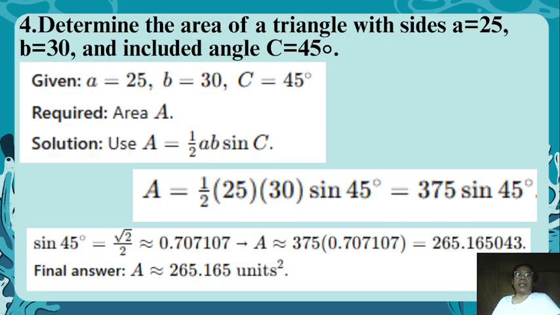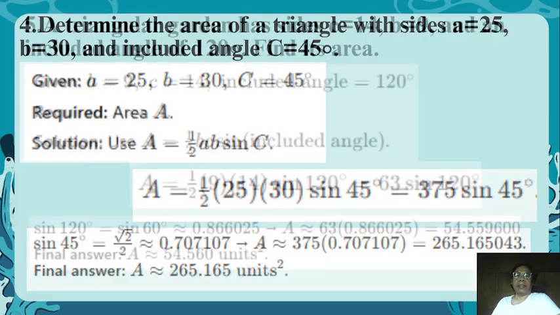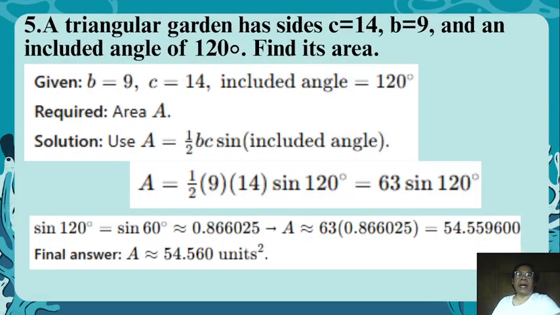We are required to determine the area. So our solution, use area is equal to 1/2 side a times side b times sine of angle C. Substituting all the given data, our final answer is 265.16 units squared.